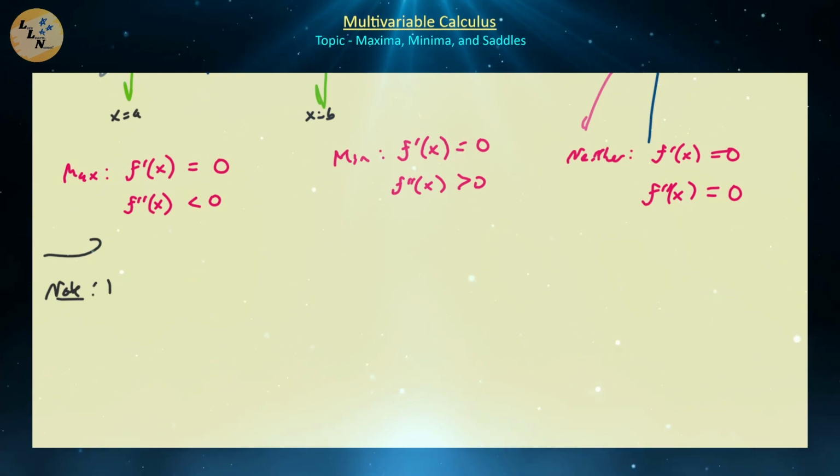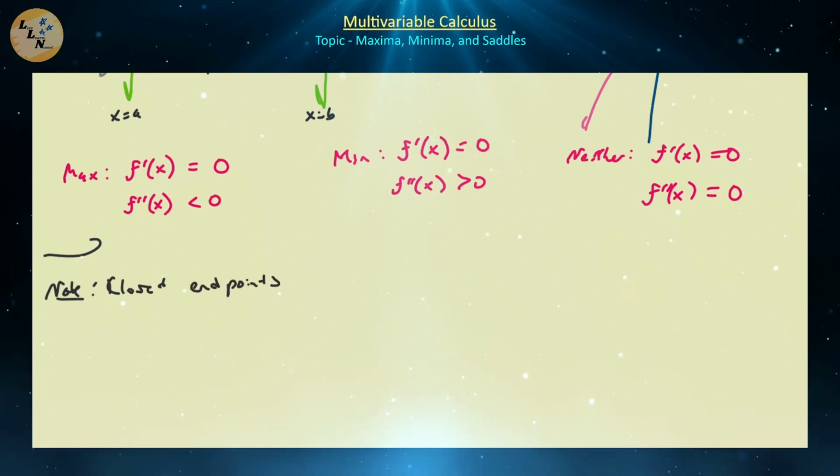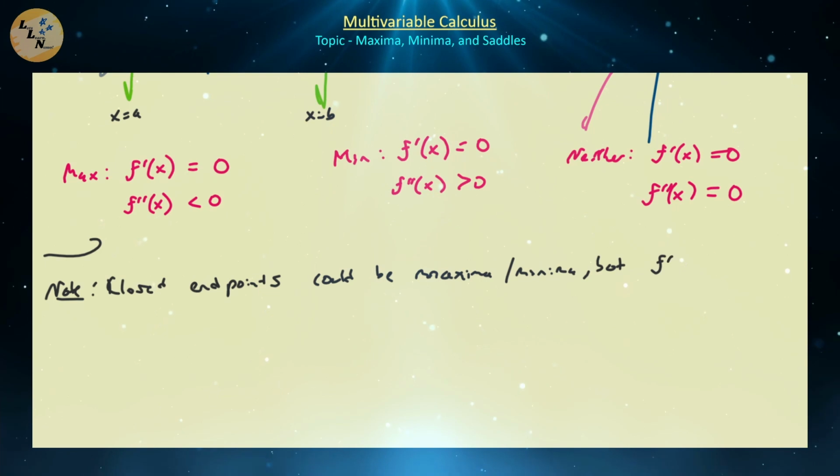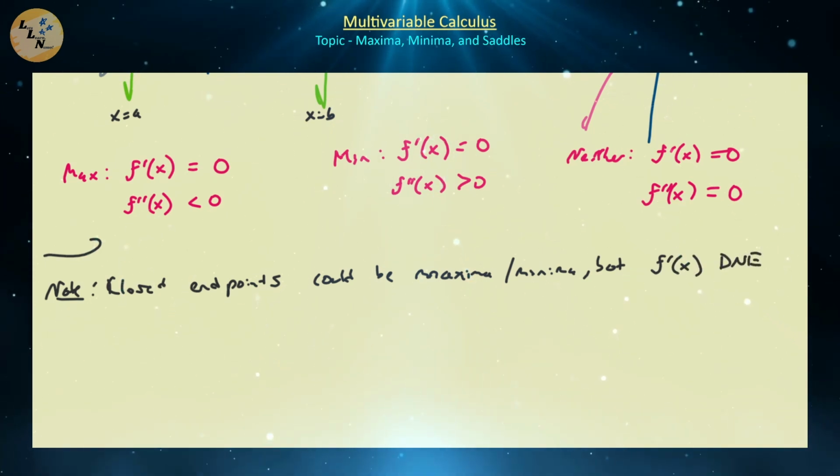Now, just a quick reminder for endpoints. Closed endpoints could be maxima or minima, but the derivative at the endpoints does not exist. At least the classical two-sided derivatives at the endpoints will not exist, because we need left and right limits for a derivative to exist, and the left endpoint doesn't have a left limit, and the right endpoint doesn't have a right limit.